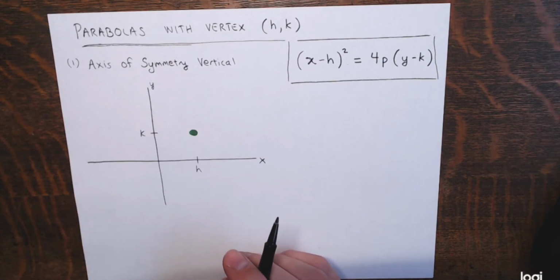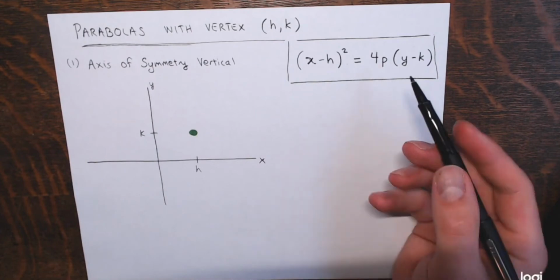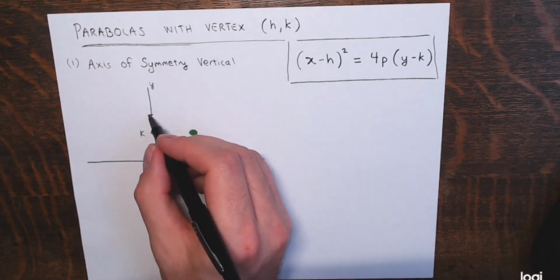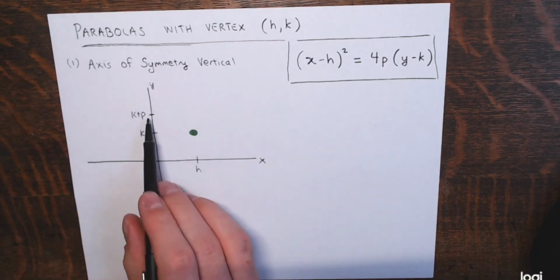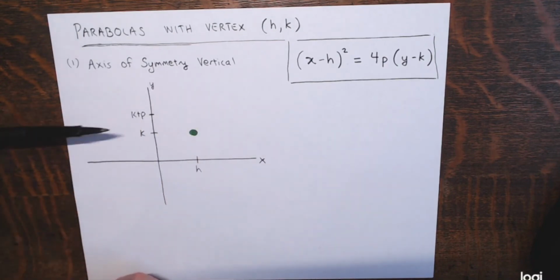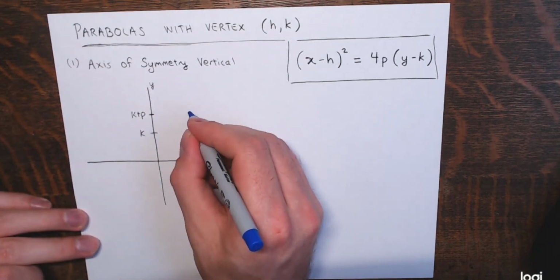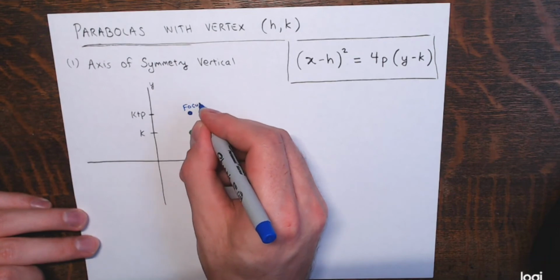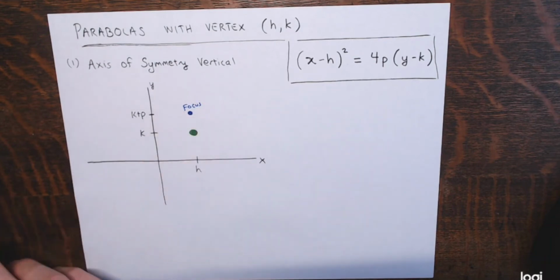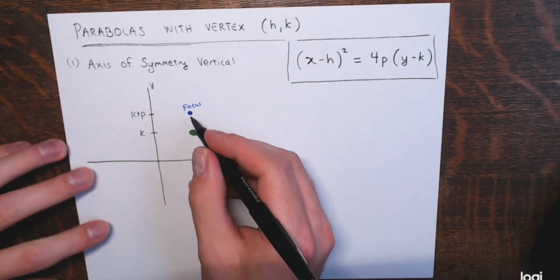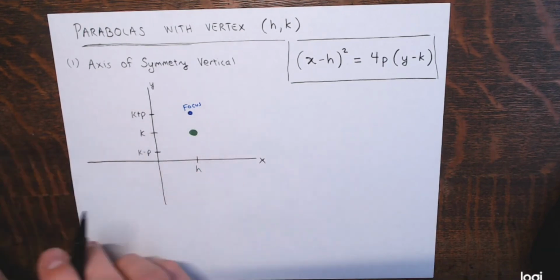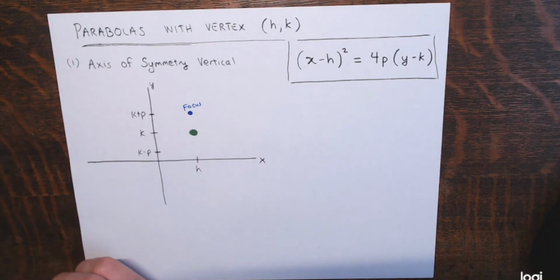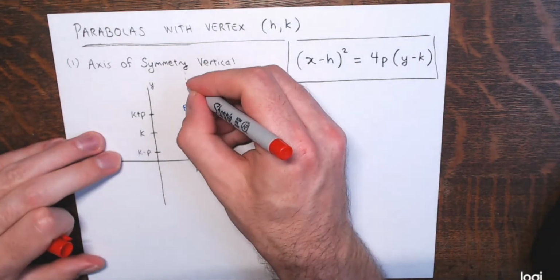Now, suppose you find p and p is positive. Well, that'll tell me that the focus is p units above the vertex. So I go from k to k plus p, and here's the focus of the parabola. We got the vertex there, and then p units on the other side, so k minus p, there's going to be this directrix. Again, the axis of symmetry is vertical.